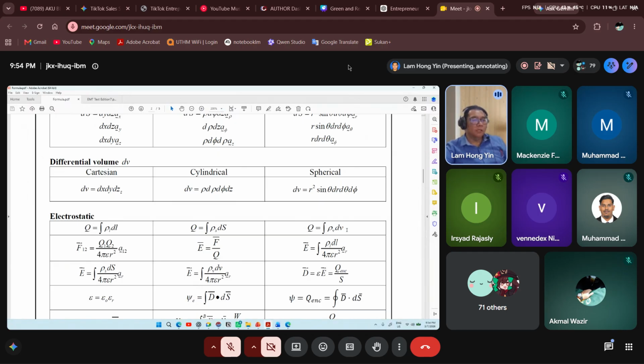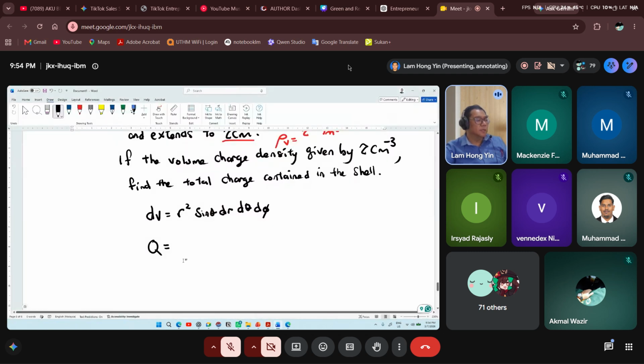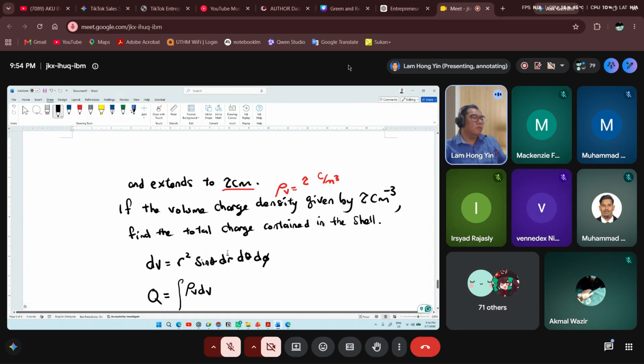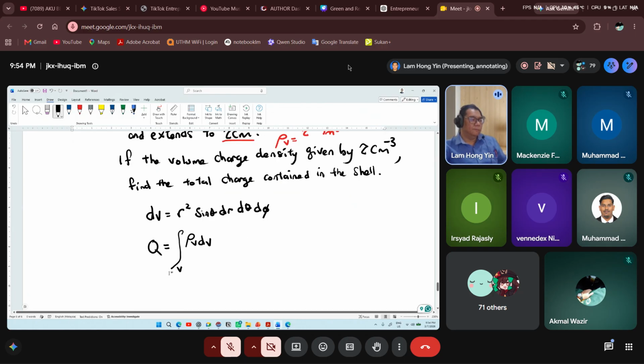Among these three formulas, this one matches the information provided in the problem. So I would use the integration of rho V dV. Why? Because we have all this information: we have rho V, we have dV. Then we can use this formula.